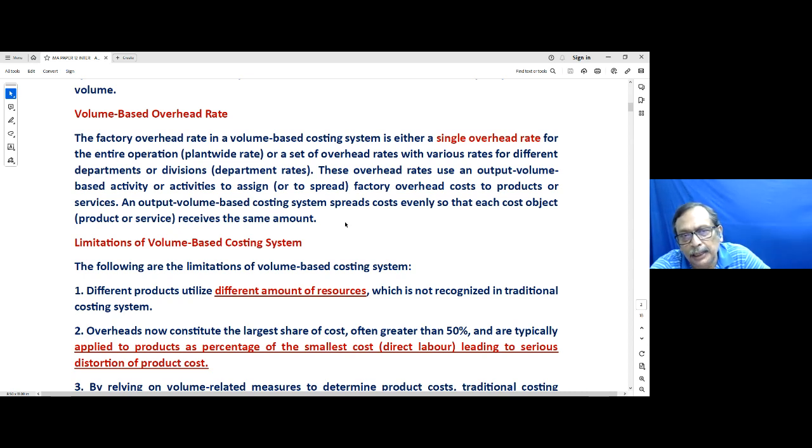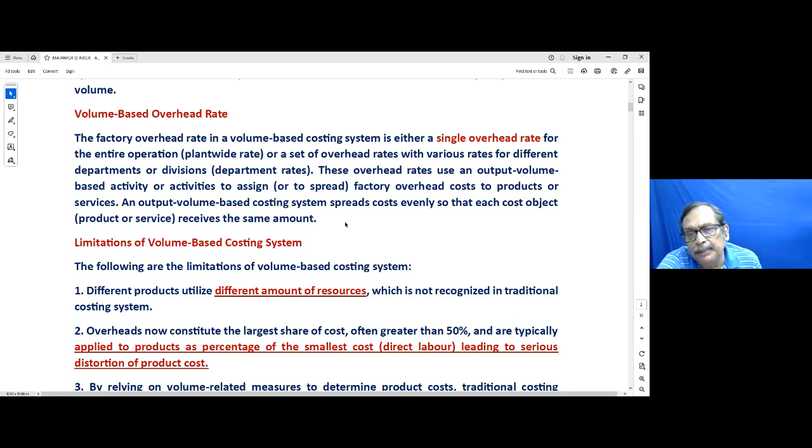The factory overhead rate in a volume-based costing system is either a single overhead rate for the entire operation, that is plant-wide rate, also called plant-wide rate, or a set of overhead rates with various rates for different departments or divisions.